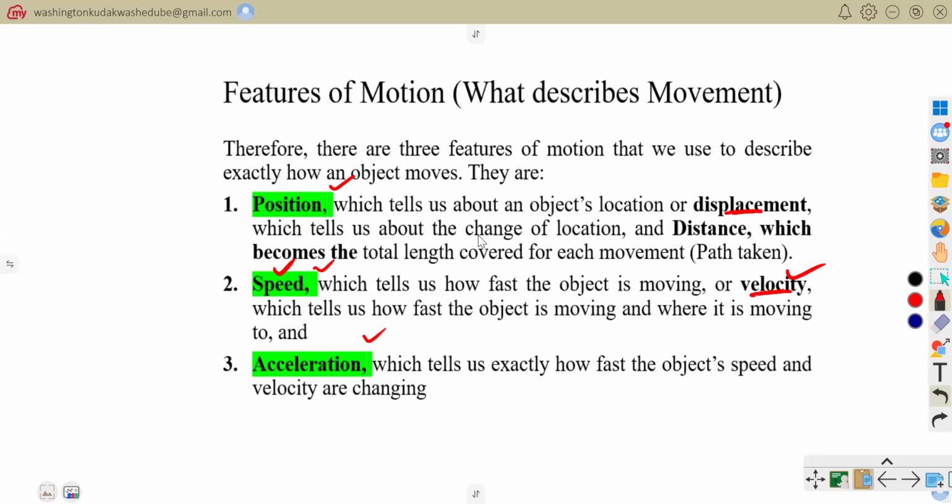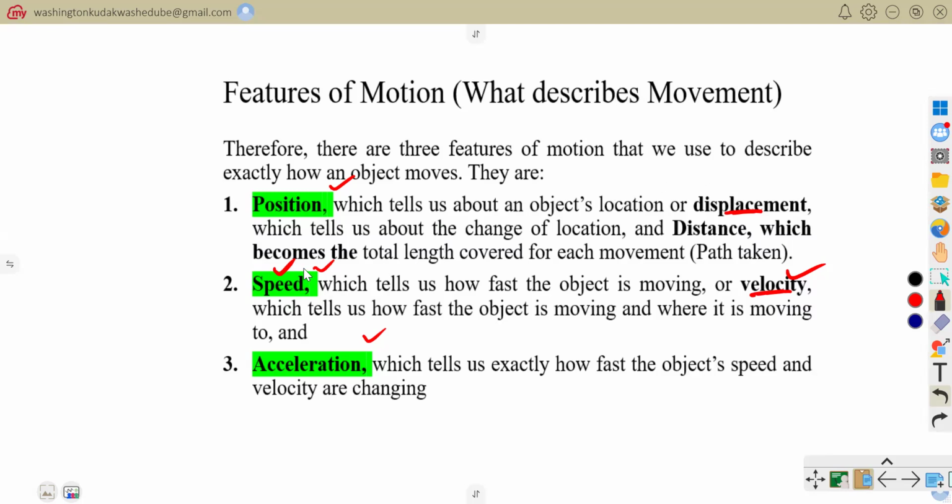So we can either describe our motion in terms of its position, to say that Cosmo was at his house and then he left for school in the morning. So initially he was at his house, but he left for school. So you know his movements by the location or else by the change in location.